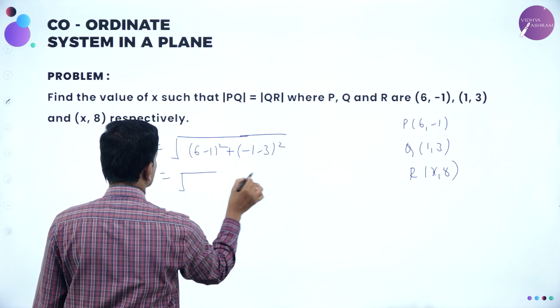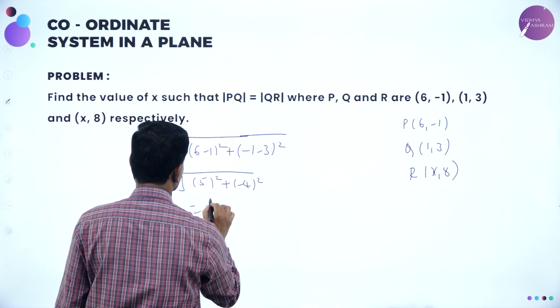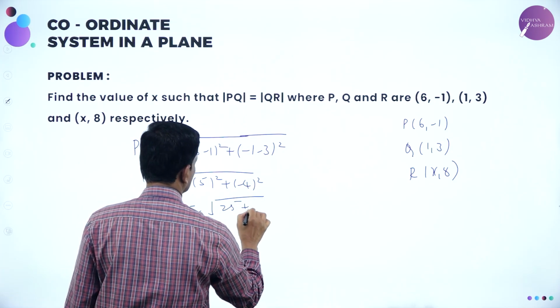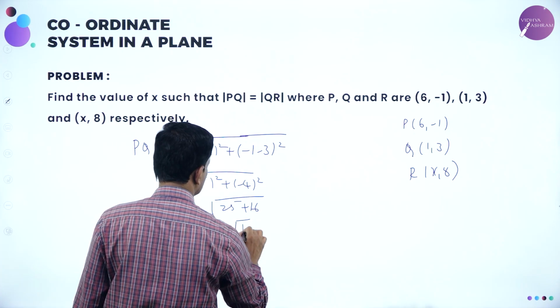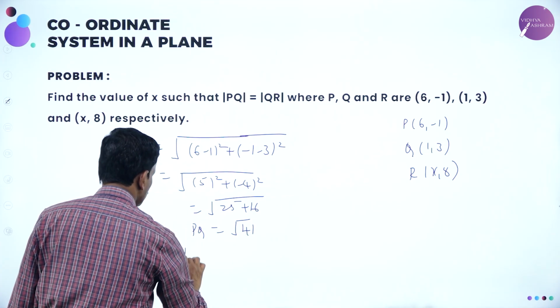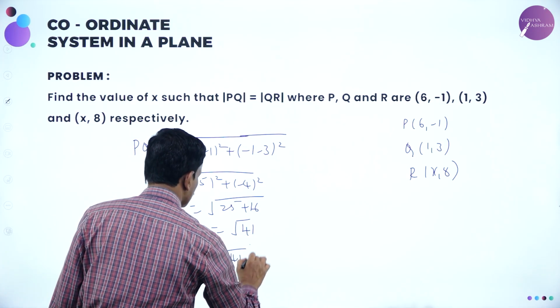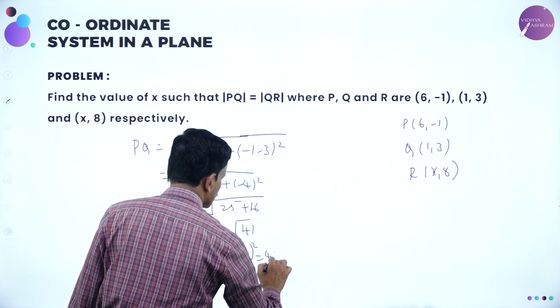So this is equal to 6 minus 1 is 5 square plus minus 4 square, that's equal to 25 plus 16, root 41. This is PQ. Now length of PQ is nothing but square root of 41, whole square, square root gets cancelled, 41.